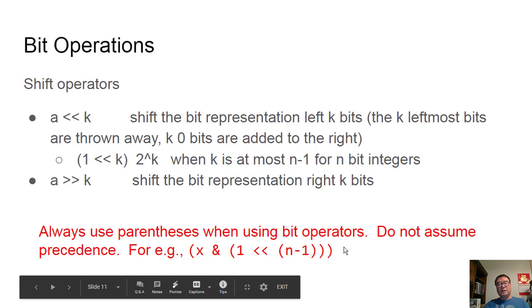It's a little bit difficult to debug, because the reason for the bug is that you got the precedence wrong, and you're not thinking that it could be wrong. So it will take some time to print the state to figure out what went wrong. It's much better just to use parentheses on all the operators involving bit operators. Then it's clear what happens first and what happens later.